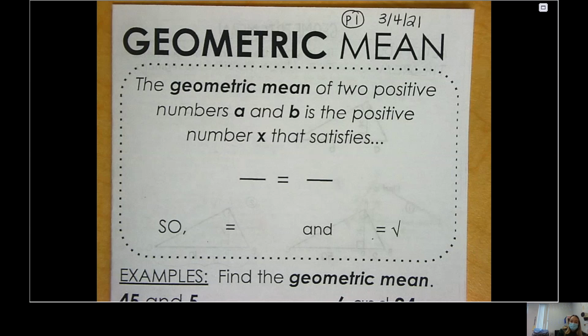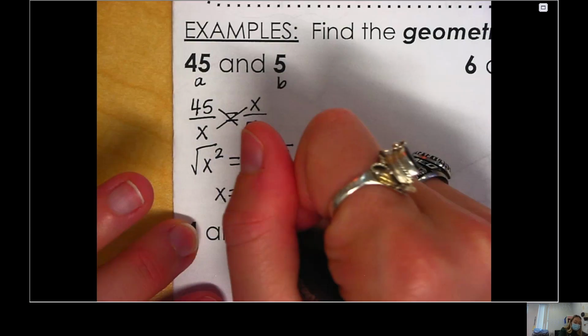You see how it's in yellow up here? If you want to touch anything that's yellow with your calculator, you have to push the shift button first. So I would push shift square root, and it gives me my answer of 15. That means 15 times 15 gets me to 225. So that's how you would do it on the calculator.